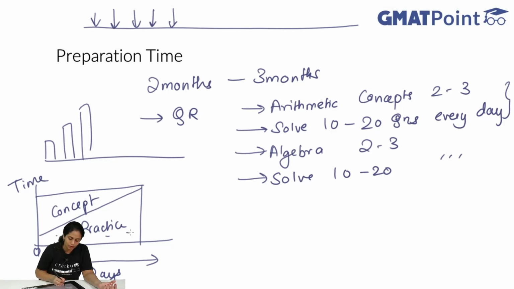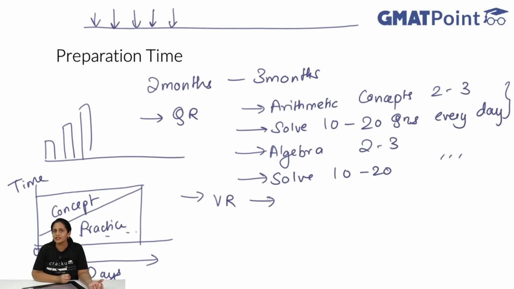But as time goes by, you have to switch completely to focusing more on practicing questions. If you are spending 3-4 hours preparing for GMAT, spend most of it on practice rather than conceptual learning. So this is how you should go about preparing for the QR section. Now let's consider the VR section.